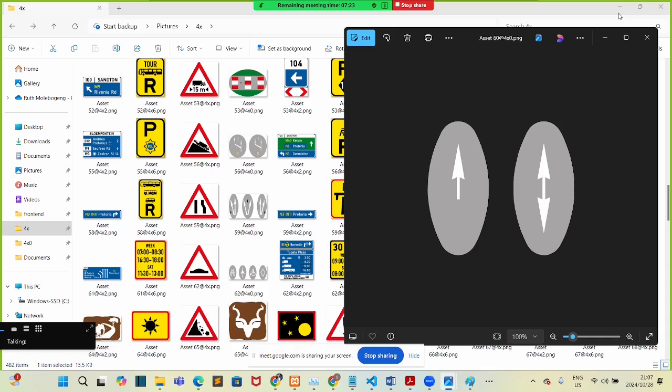Those are information arrows, and they point at the direction that you are supposed to go. So you go in the direction that they're pointing at. Yeah, that's correct.